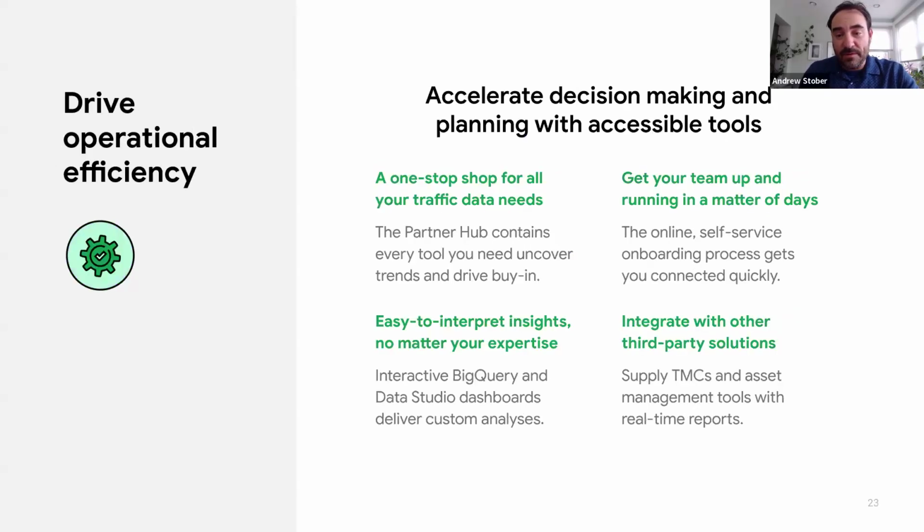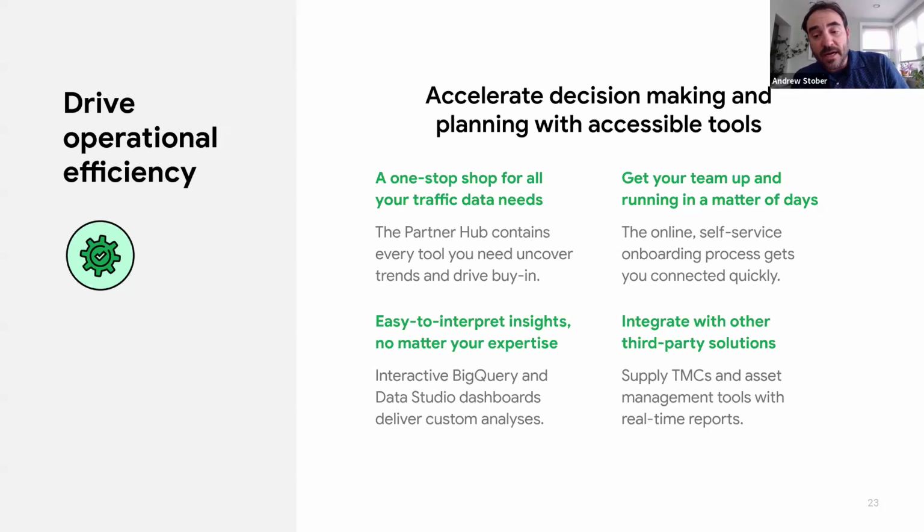And finally, we find that our partners find this incredibly easy to use. So I'll show you a little bit about what the Partner Hub looks like. You have a one-stop shop to go to for all of this information. We can get your team up and running in just a matter of days.